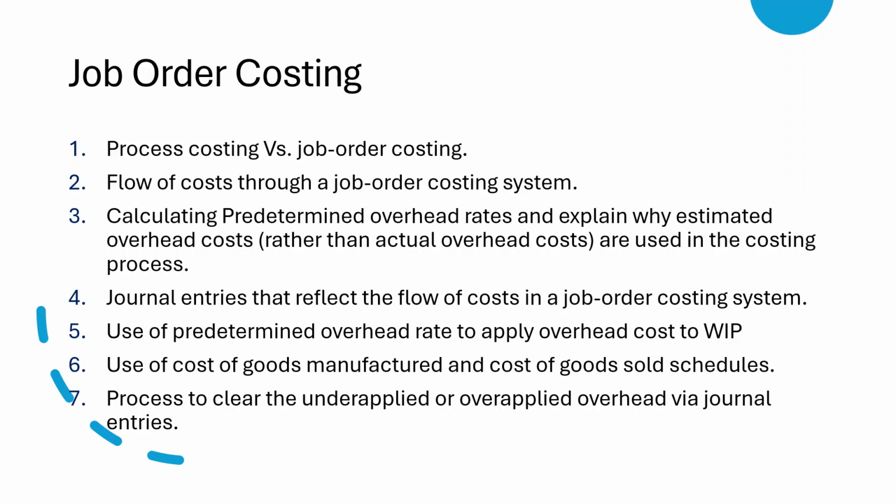Leading to that, we have an important topic: allocation of the manufacturing overhead cost using a predetermined overhead rate. One of the biggest challenges for companies is estimating the cost.